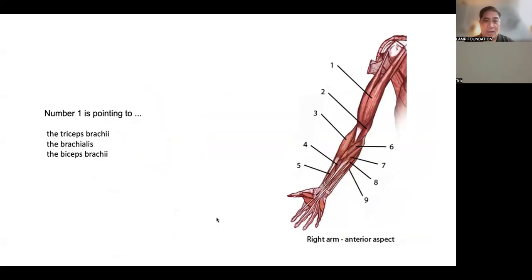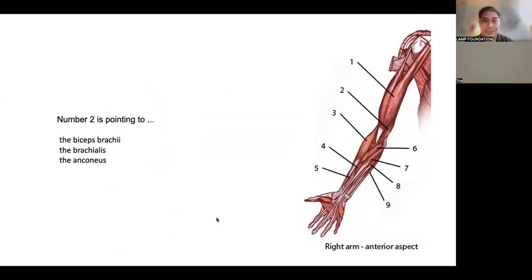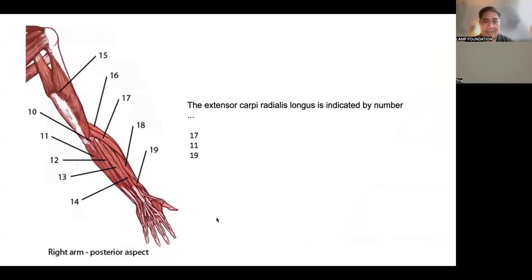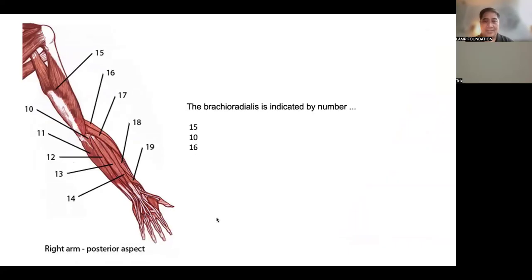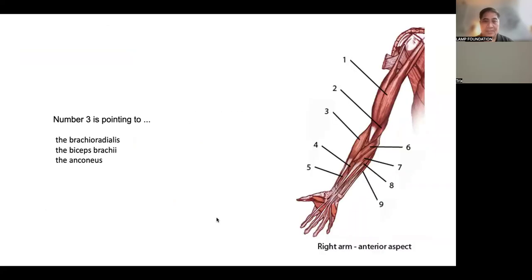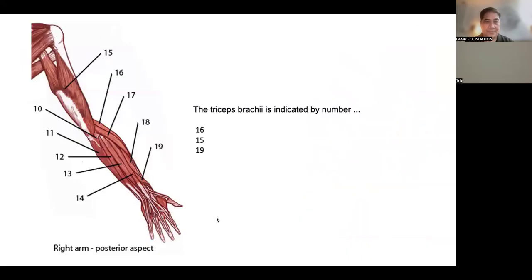Number 1 is the one that guys usually show off, the biceps brachii. Number 2, brachialis. Extensor carpi radialis longus, number 17. Brachioradialis, 16. Number 3, brachioradialis.